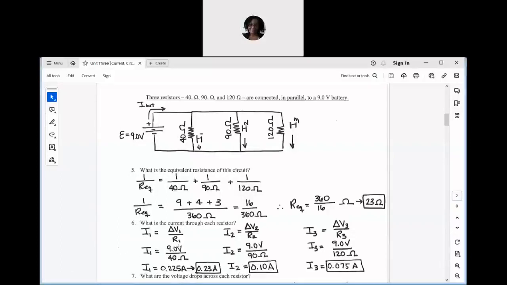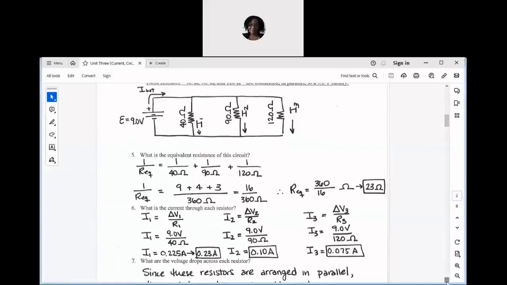So I have the ratio of 9 volts over 40 ohms. That gives me 0.225 amps, and to 2 sig figs, we would take that to 0.23 amps. Doing the same for resistor 2 would give me 0.10 amps, and then for resistor 3, that's 0.075 amps.